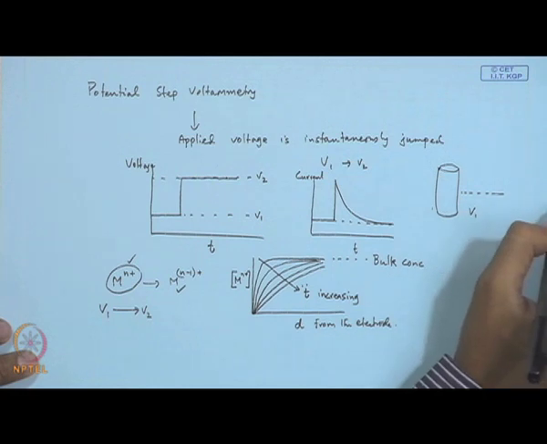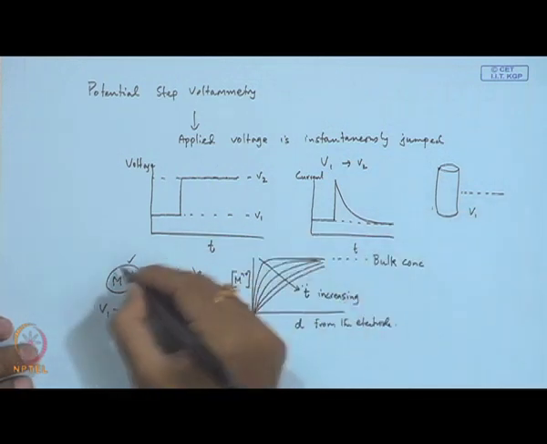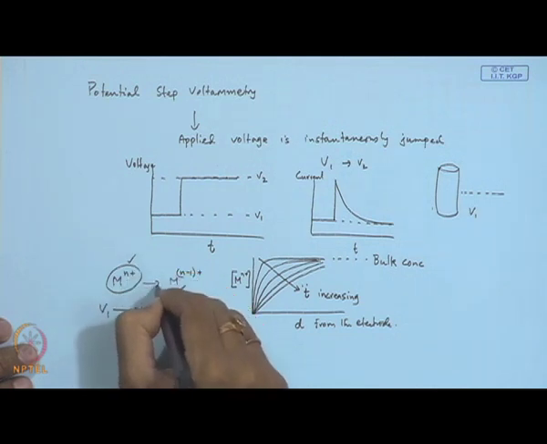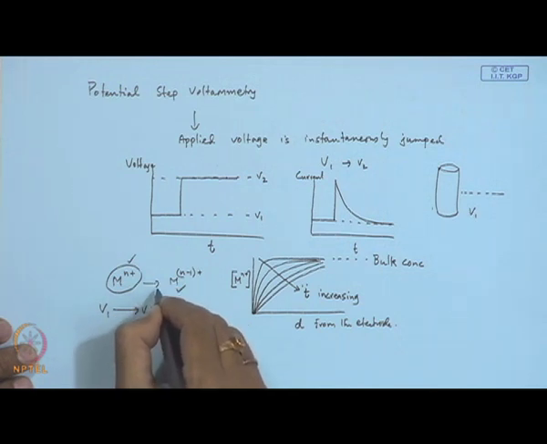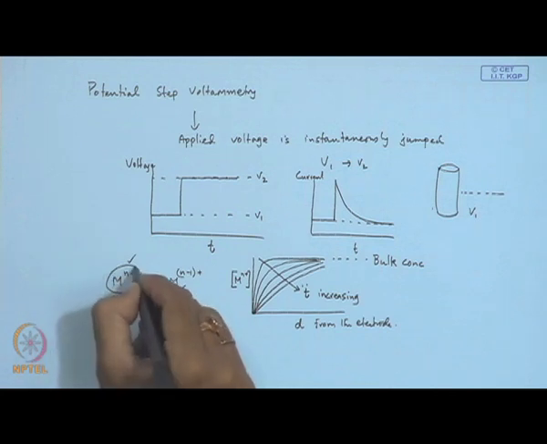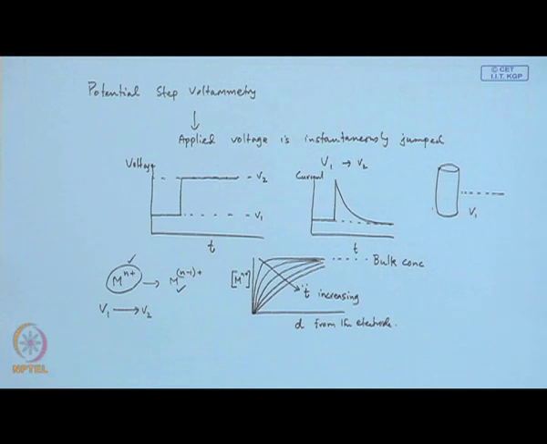The supply of fresh unconverted metal to the surface depends upon the diffusional flux, and at short time the diffusional flux is high, as the change in concentration between the bulk value and that at the surface occurs over a short distance.